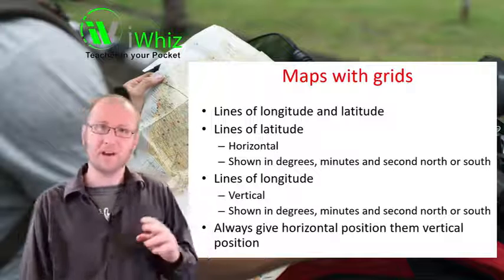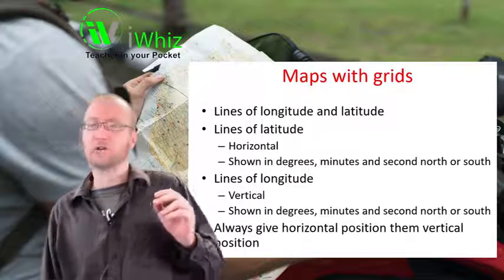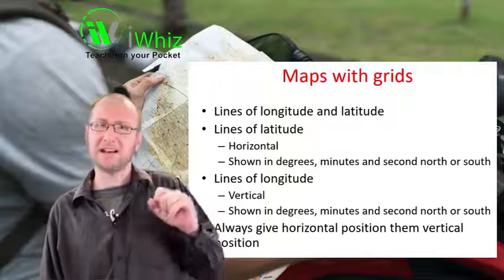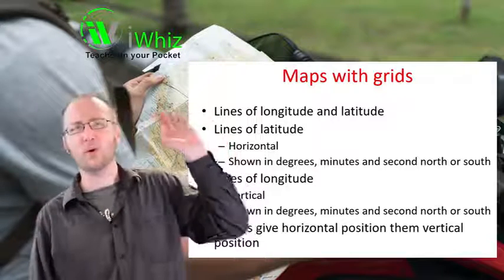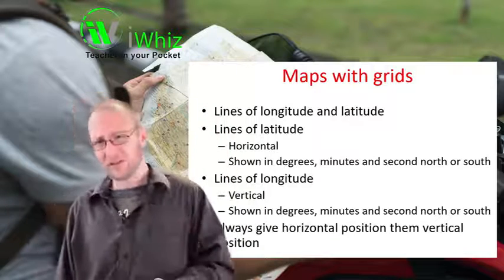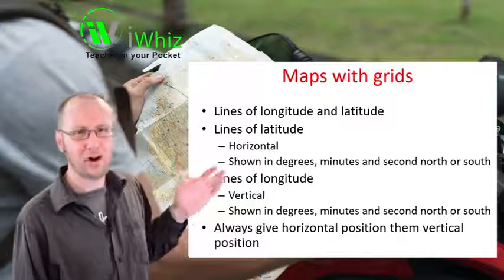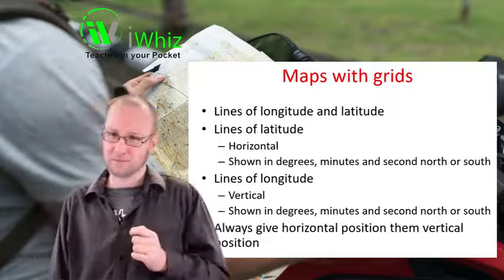However, with maps, we use lines of longitude and latitude, and these are imaginary lines which go all around the world to form a grid, and we can use these to say where places are. Maybe you've come across them in the past.